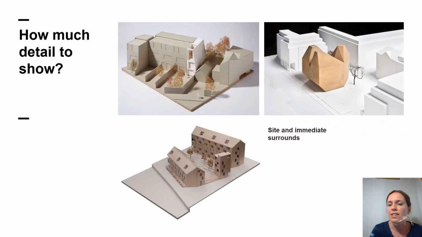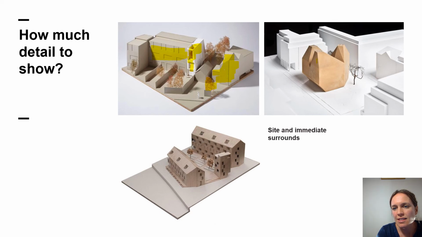Here are some more examples of the level of detail that you need to show for the site models. So you can see in the top image here that trees are shown, surrounding buildings really are just blocks. If you want to put a little bit more detail in, you can show windows, but again, it's not what we're asking for. Whereas your building has a bit more detail, as you can see here.